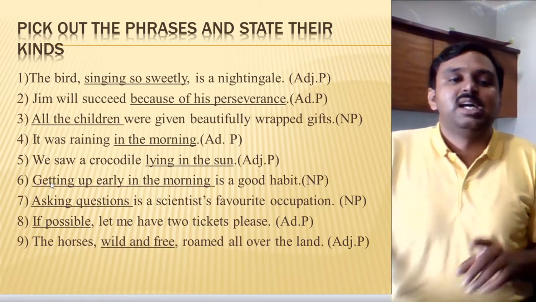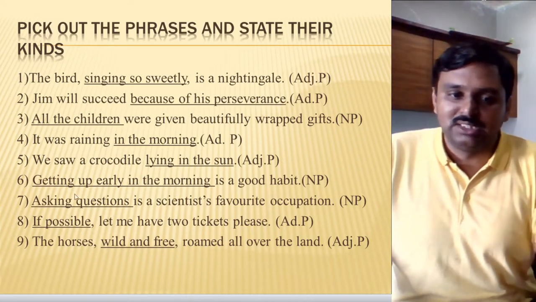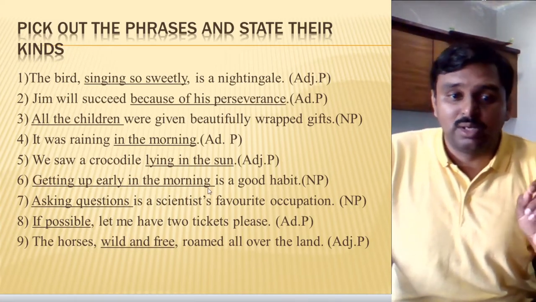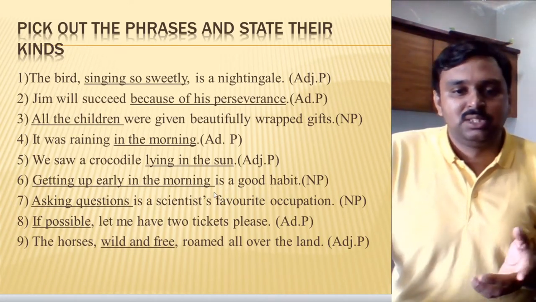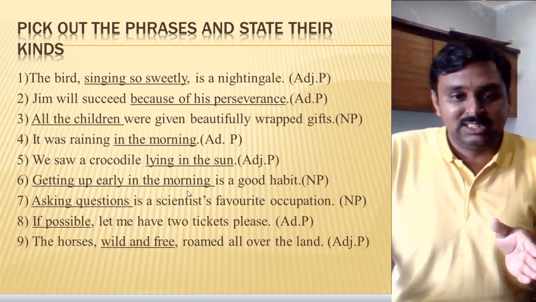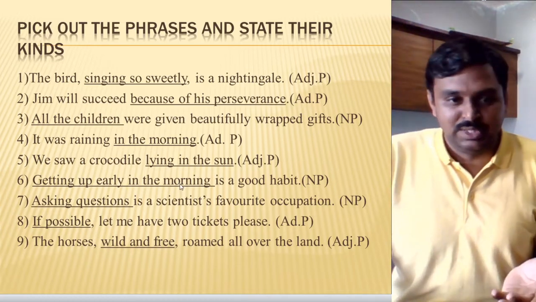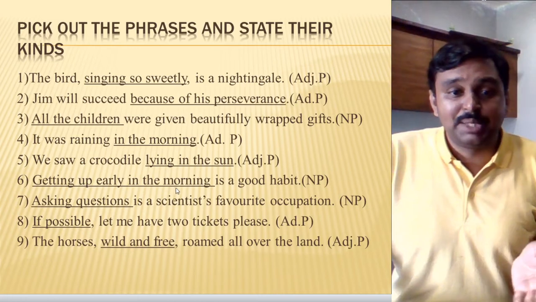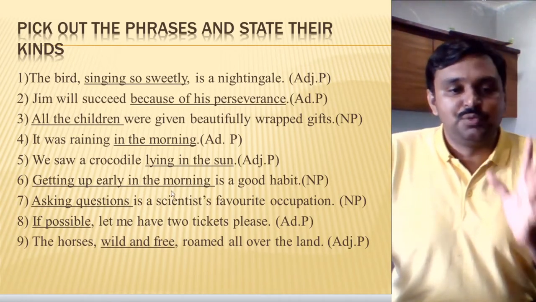Remember this, and because it is a noun, we call it a noun phrase. Getting up early in the morning is the complete subject here and is is the verb, a good habit. So this forms a sentence with a complete subject, and for that purpose it is an example of a noun phrase.